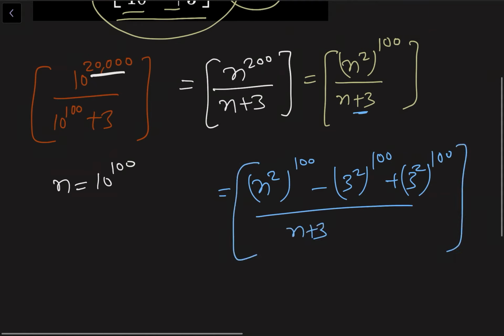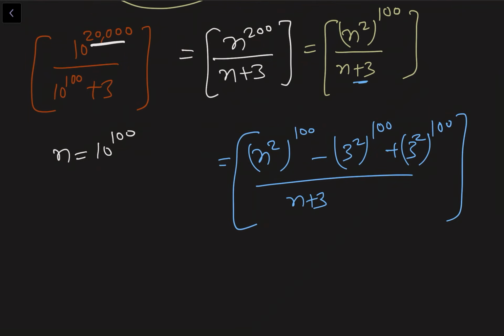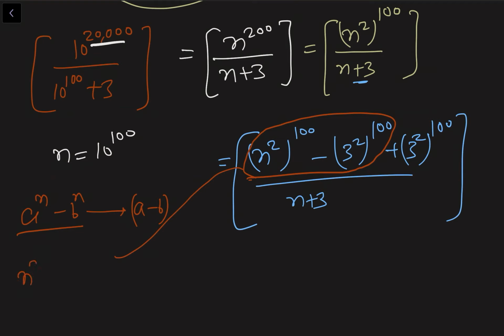If you carefully observe this expression, it is something like a raised to power n minus b raised to power n, and for this we always have a factor a minus b. So for sure this expression has a factor n square minus 3 square, and in the denominator I have n plus 3, which gives us n plus 3 for sure.